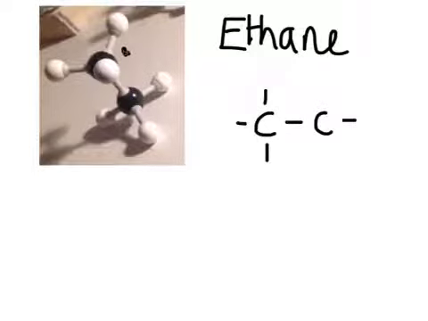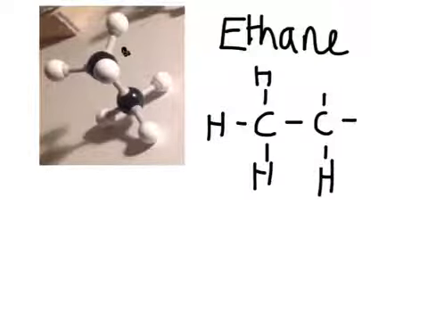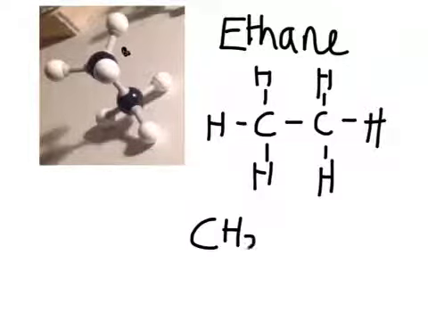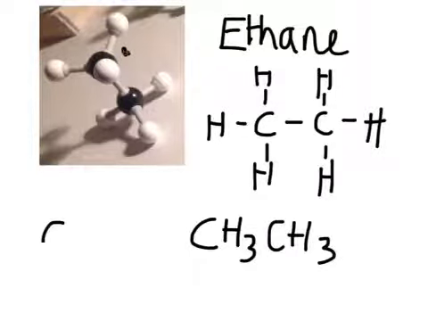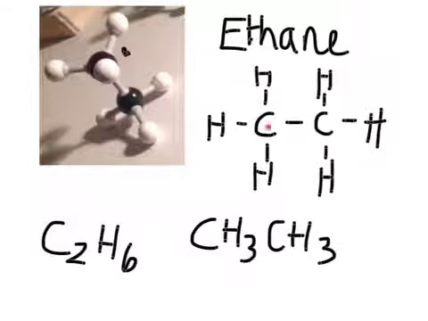Each one of these has got a hydrogen. Or we can also do this, instead of drawing it all out longhand, we can also do a condensed formula, which would look like this, CH3, CH3, and we can also do the molecular formula, C2H6. And that's because we have two carbons and 1, 2, 3, 4, 5, 6 hydrogens.